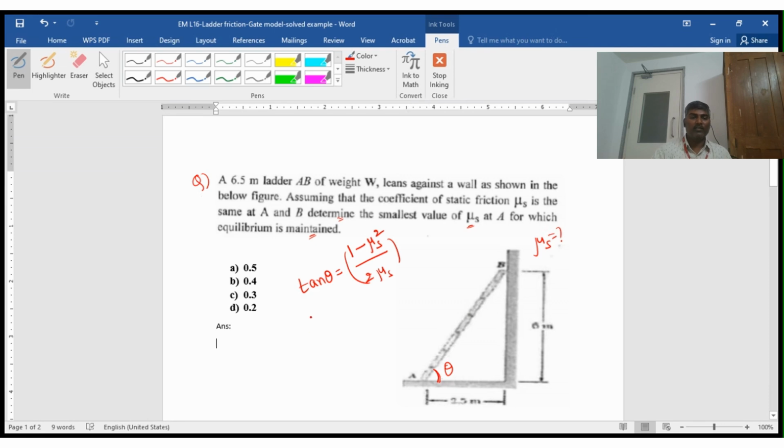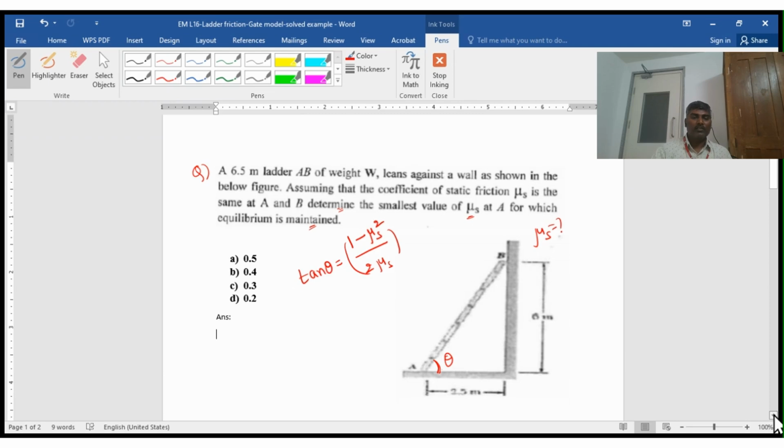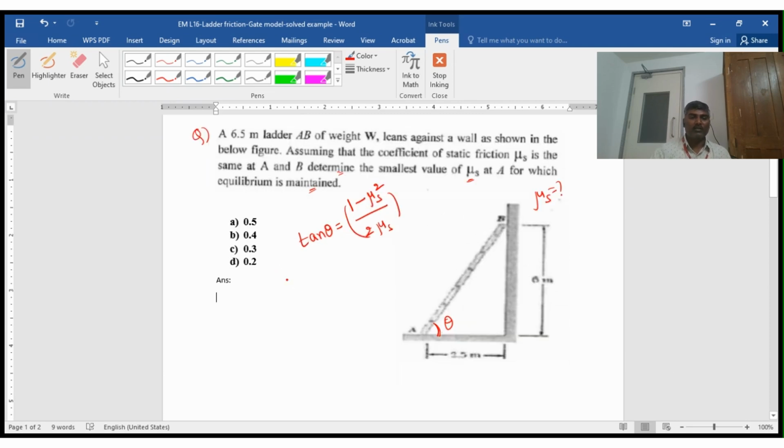Now let us verify which one is going to be the correct answer. First, let me solve the left hand side value, which is tan theta. The opposite side is 6 meters, the adjacent side is 2.5 meters, and the hypotenuse is the given dimension, 6.5 meters.